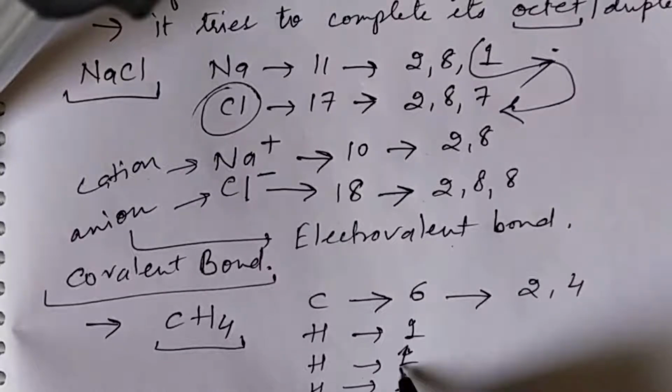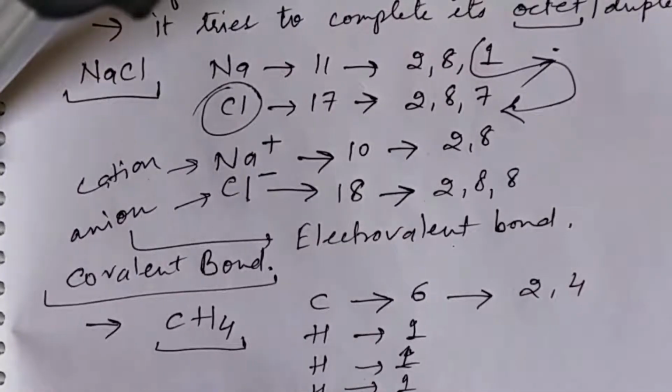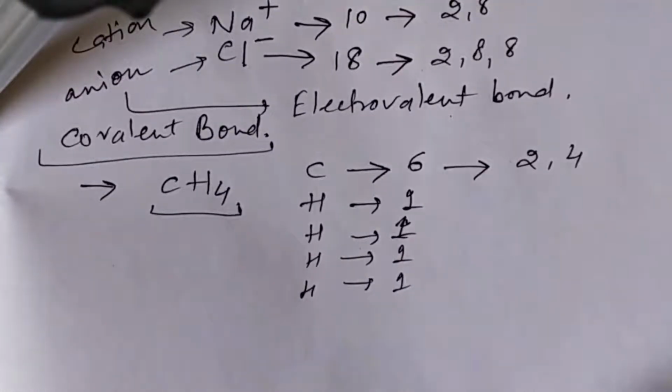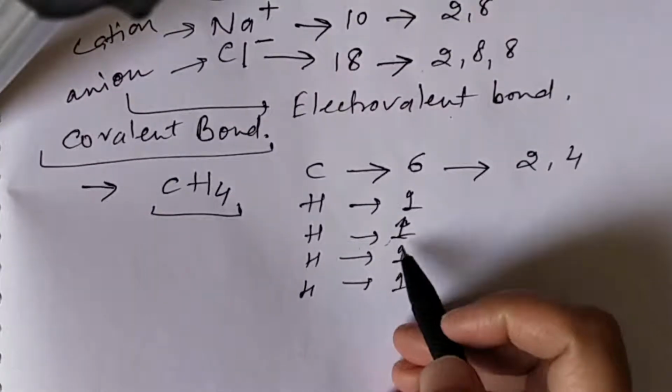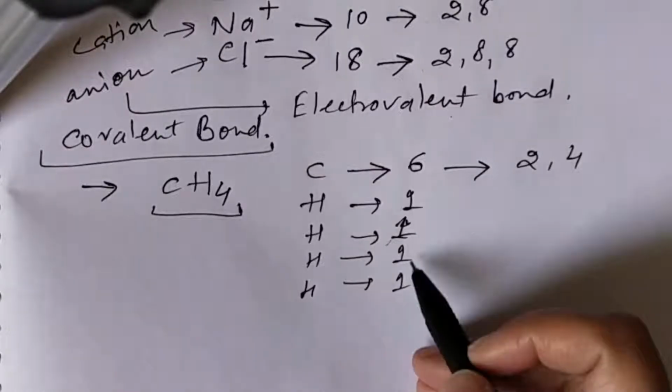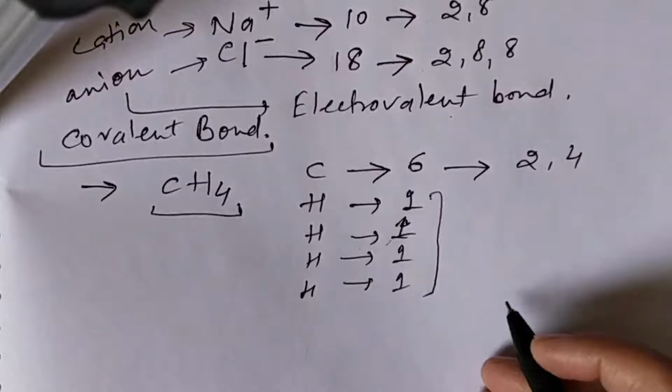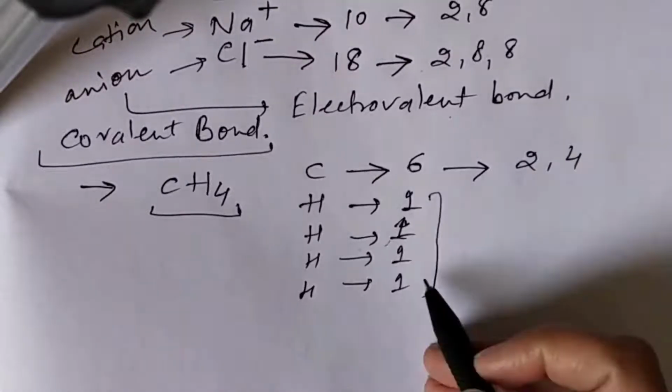Is it okay? So what will it try to do? In CH4 molecule, these 4 electrons can be shared with these 4 hydrogen atoms to complete their octet. Why is carbon doing such type of sharing?